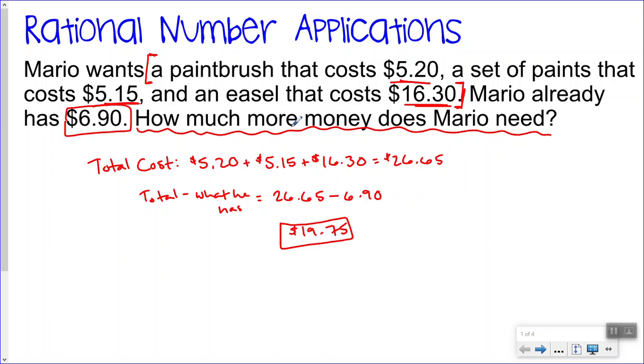So to recap that, we started by finding out our total cost, how much money everything was going to cost altogether. Then we took away the $6.90 that he already had to find out how much more money he needed to get in order to purchase those three items.